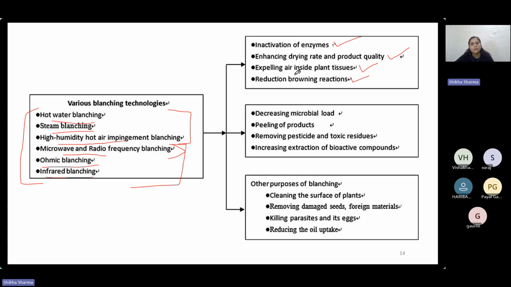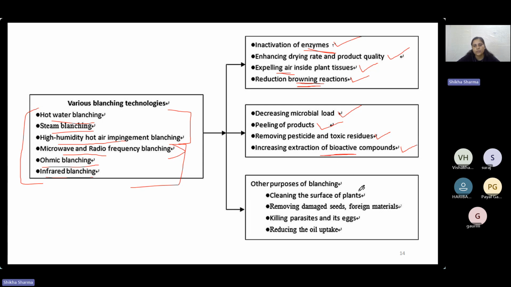If the air is not there, browning will not be there, and if the enzyme is deactivated, browning will also not be there. It decreases microbial load in tomatoes and such products. It is used for peeling of the product, and it helps in removing pesticides and toxic residues on the surface of the food product, and it increases extraction of bioactive compounds.